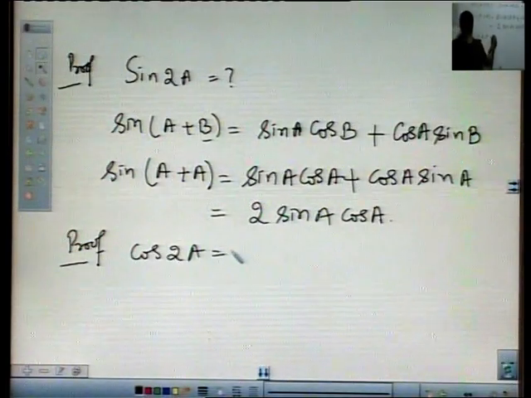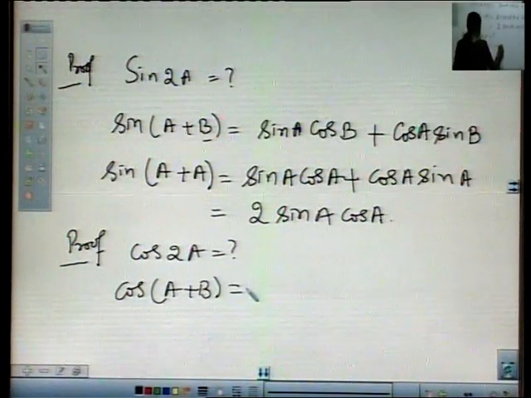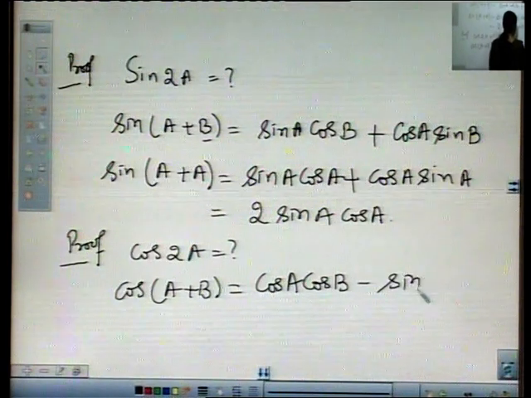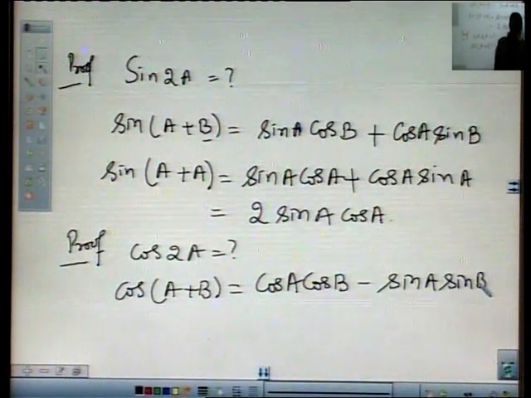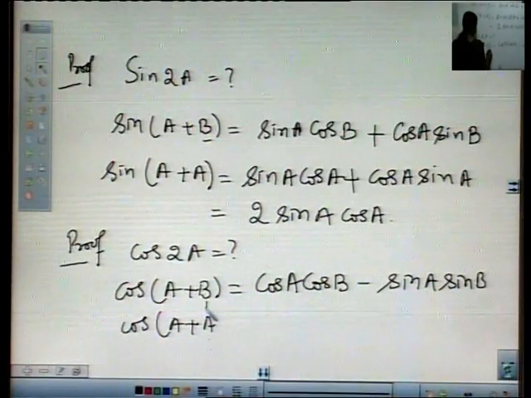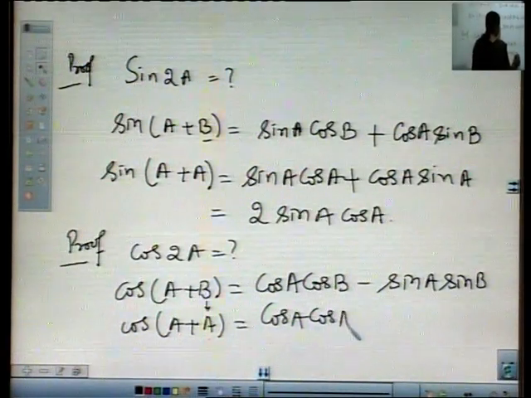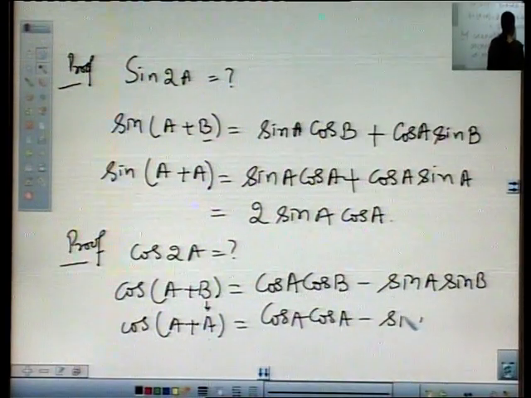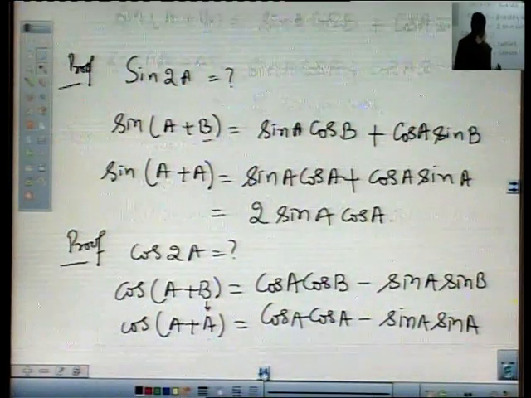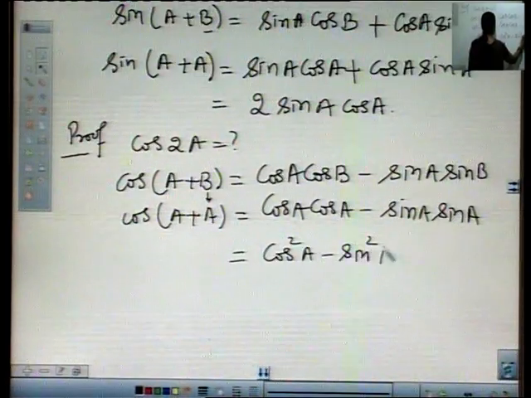Now, cos formula, proof of cos 2a. Similarly, cos a plus b is cos a cos b minus sin a sin b, and similarly we will put a instead of b, then we get cos a cos a minus sin a sin a, and it will be equal to cos square a minus sin square a.